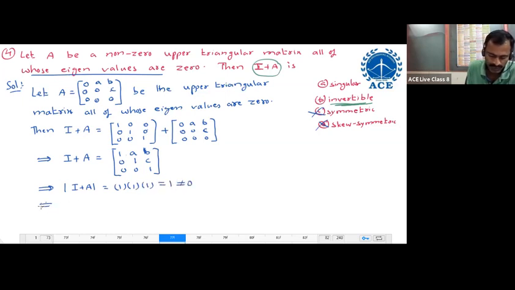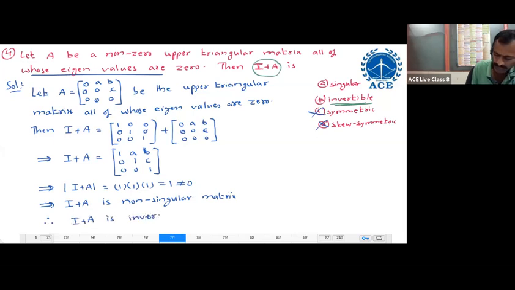Therefore, I plus A is an invertible, non-singular matrix, because its inverse exists. So singular is wrong, then B is correct.